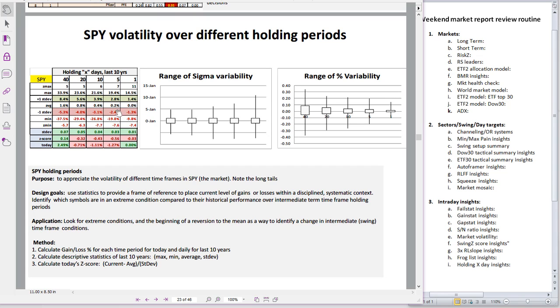Whereas in the last 5 days, the market's down minus 1.27, which gives it a z-score of minus 0.56. So in all of these measures, the z-scores, you'll notice, are less than plus or minus 1. So we have had normal behavior in terms of absolute market moves over the last 1, 5, 10, 20, and 40 days. So it just gives a sense of where we are in the life cycle of trades that have been held for that long, given that kind of a market.